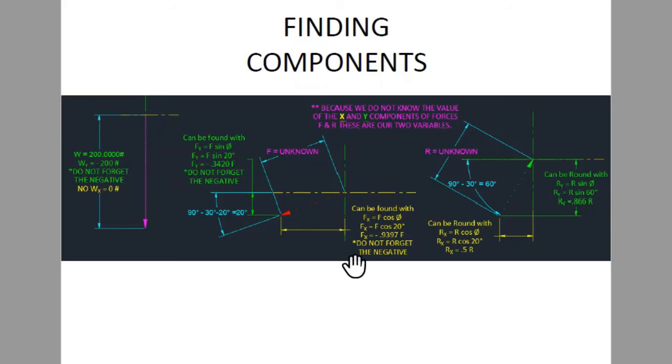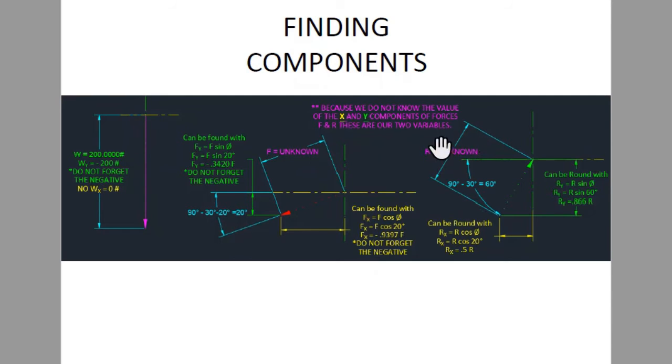Let's take a look at the Fx component. We can find this by using the function Fx is equal to F times the cosine of theta, or F times the cosine of 20 degrees, and that is equal to Fx is equal to negative 0.9397 F. Again, don't forget the negative.